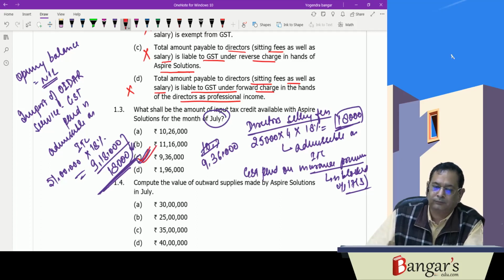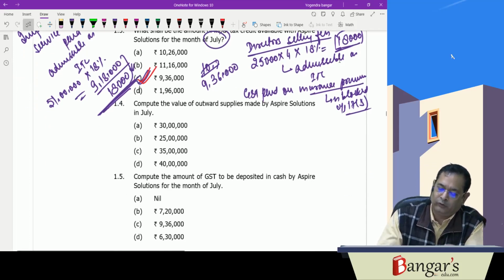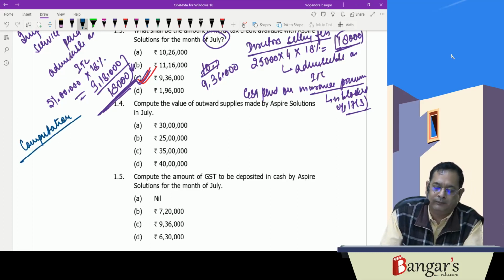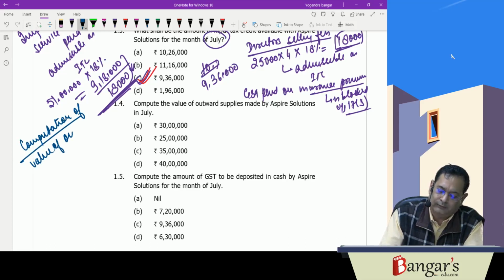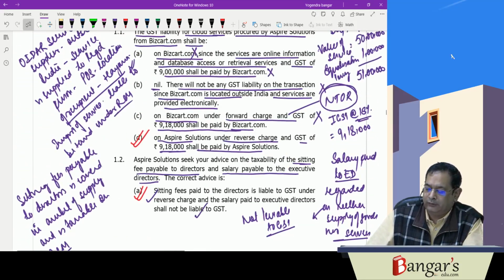Okay. Then compute the value of the outward supplies made by Aspire Solutions. So we have to compute the value of outward supply. One is, we have seen the consultancy services. What is the value of the consultancy services?